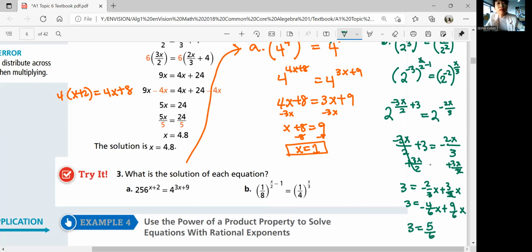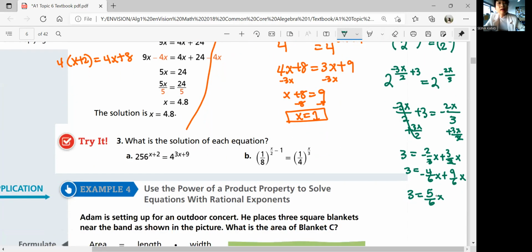So 5 over 6x. And so multiply both sides by 6 over 5, the reciprocal. And then you'll get 1x. And x is equal to 3 times 6, 18 over 5, which is also 3.6.